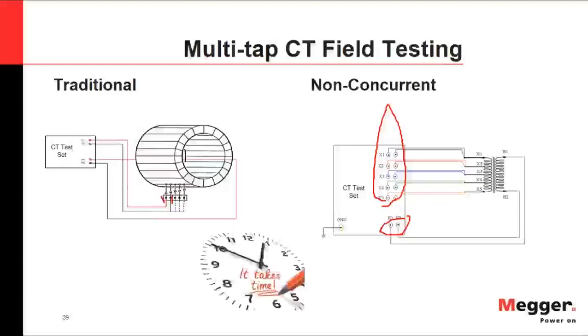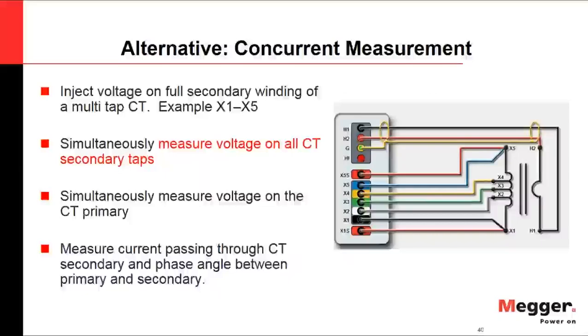In order to do this, the alternative is to go with a concurrent measurement. This concurrent measurement will inject a voltage on the full secondary winding of the multi-tap CT. In this case, we're talking about an X1 to X5 secondary winding. You can clearly see that we keep the connections for all the terminals or all the taps on the secondary winding.